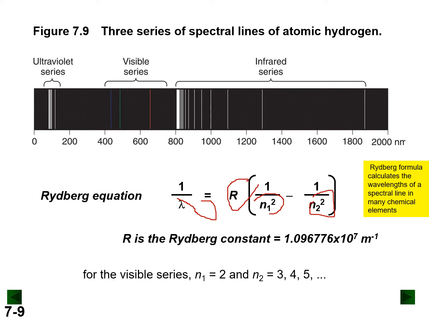You use this equation to get the wavelength of the light that's emitted.